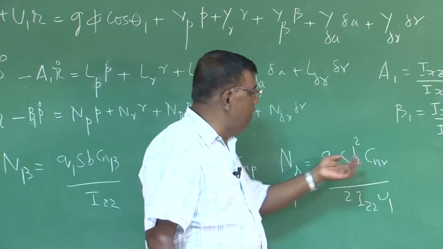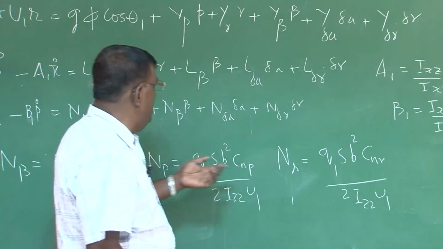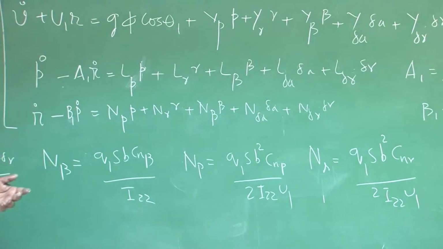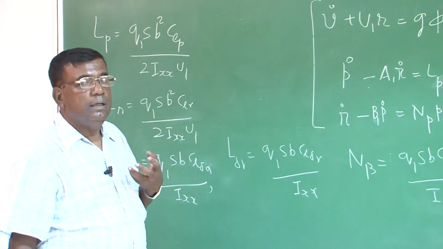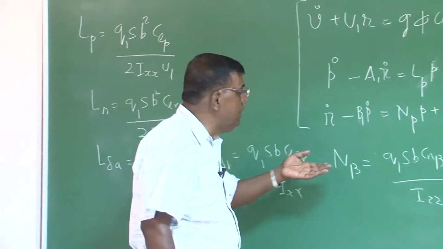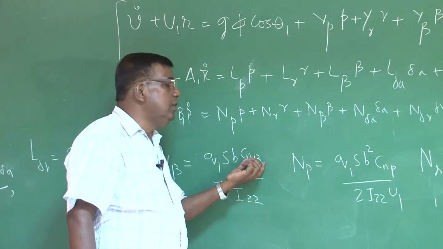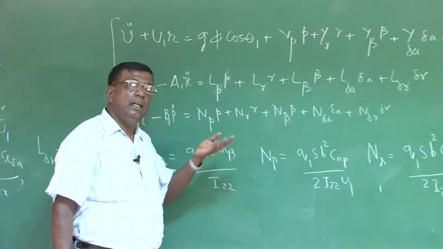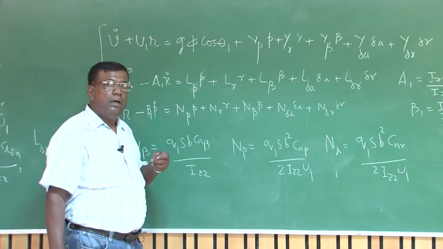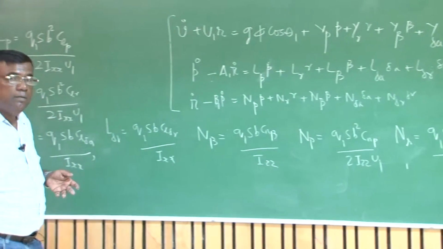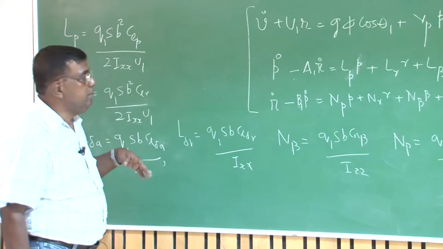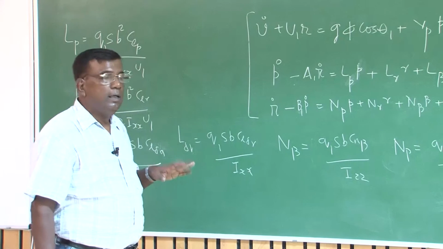Nr, you should think of Cnr. All these derivatives I have explained, the sign and so on, in the last lecture. That is more important. As a designer, you should have that in your mind, so that you know if you want to increase N beta, how to increase Cn beta, whether I increase the vertical tail, whether I take the CG backward, or I put something with the wing, or make the fuselage a little differently. That is what is required from this expression. Okay? Thank you very much.